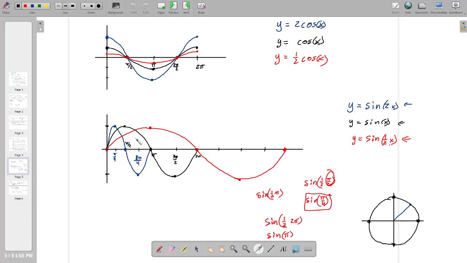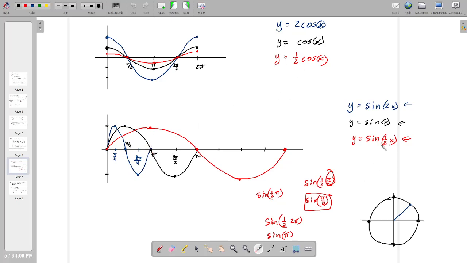Now the period is a little bit different. The period on all of these is exactly what we discussed before. It's the length of the interval for one full cycle of sine or cosine. So here, one full cycle of cosine is still 2 pi. That's the normal period for sine and cosine. Here, the periods are different. One full cycle of this cosine curve is actually just pi, because it finishes the entire sine curve and then hits pi.